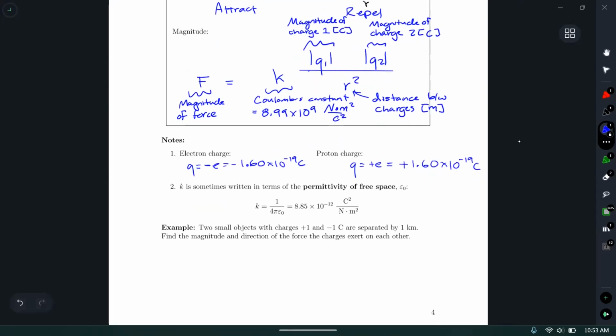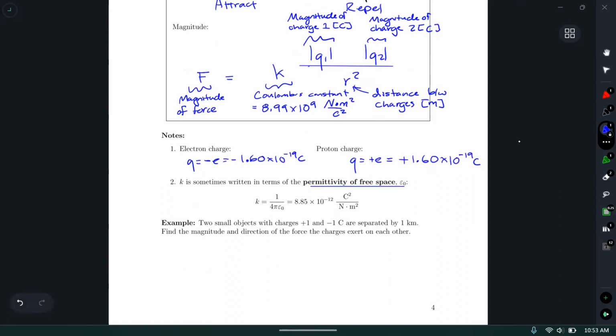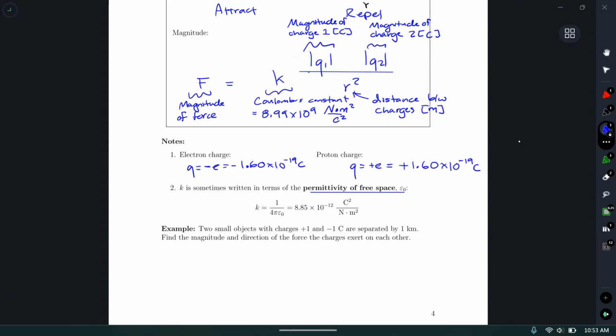Okay, you'll sometimes see this written, and usually this is going to be written this way when you see it in math. K is sometimes written in terms of this thing called the permittivity of free space. So when I say math, I mean like when we're doing derivations. When we're doing calculations, like example problems, we always use K. So epsilon 0, ooh, I didn't fix this up. I need to fix this right here. Epsilon 0 is equal to 1 over 4 pi times K. And so epsilon 0 equals this number right here.